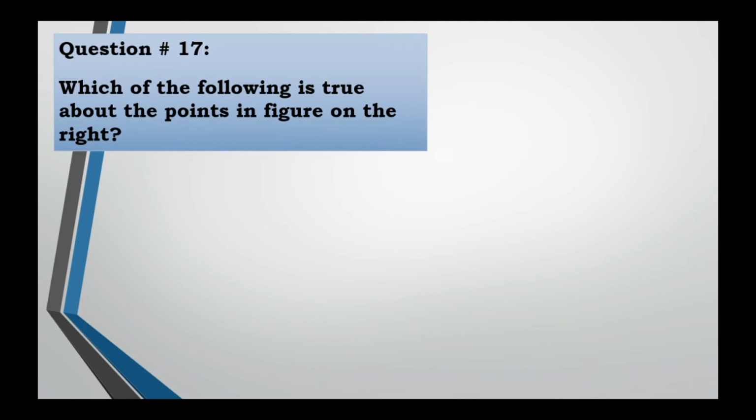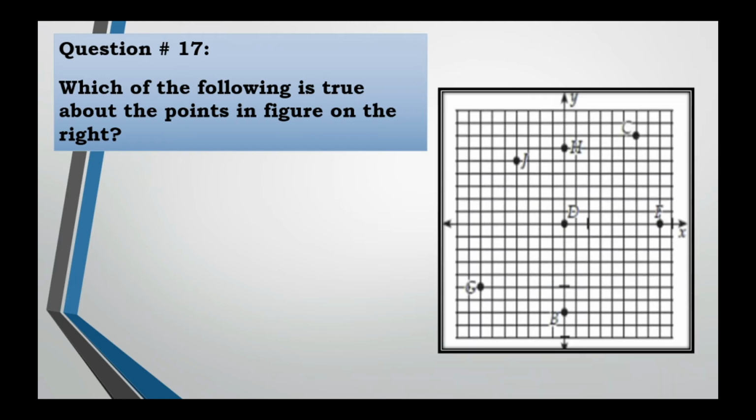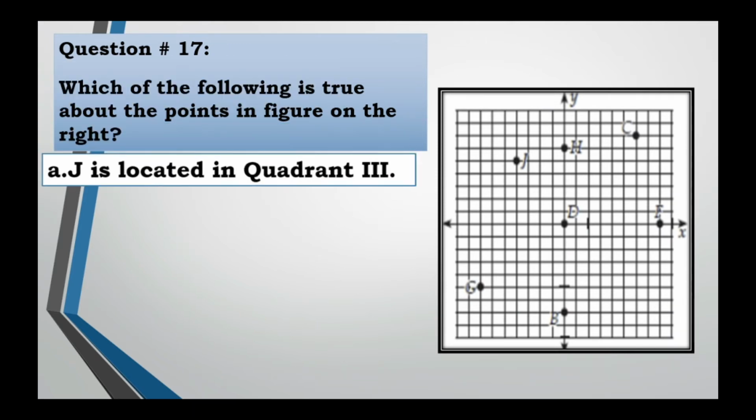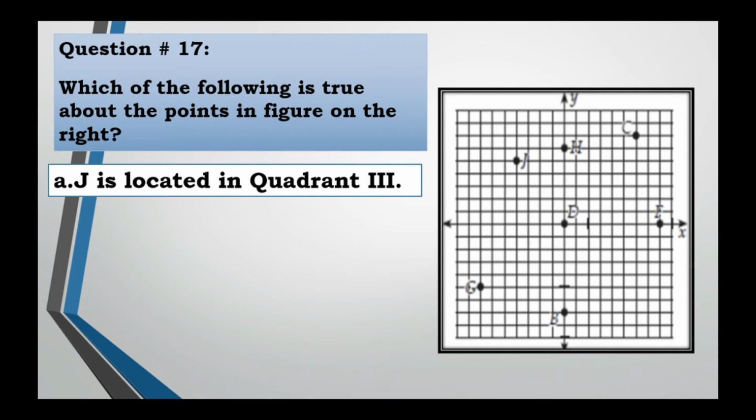Question number 17. Which of the following is true about the points in the figure on the right? Letter A, J is located in quadrant 3.